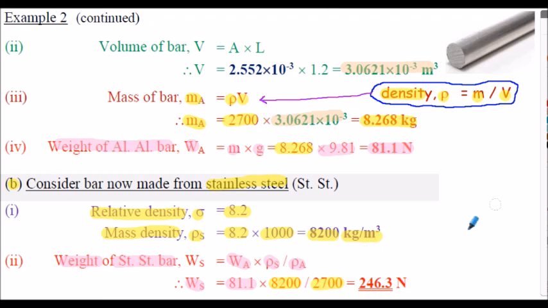That evaluates to 246.3 newtons. So for the same volume of bar, the stainless steel is around 3 times heavier than the aluminium alloy bar. So obviously the choice of material, the density of material, affects the weight of the bar.